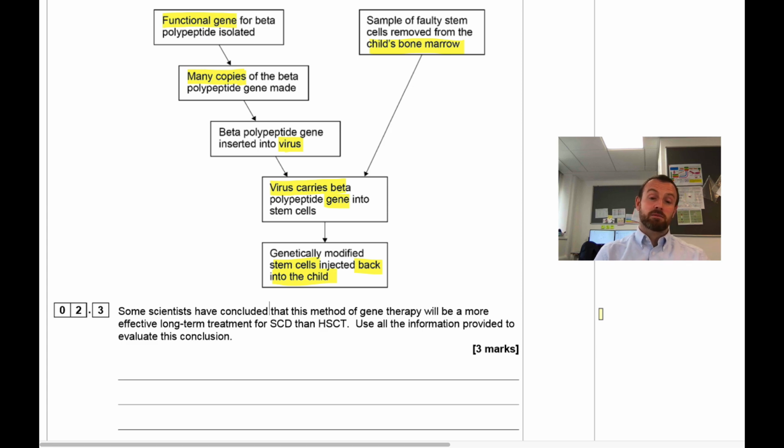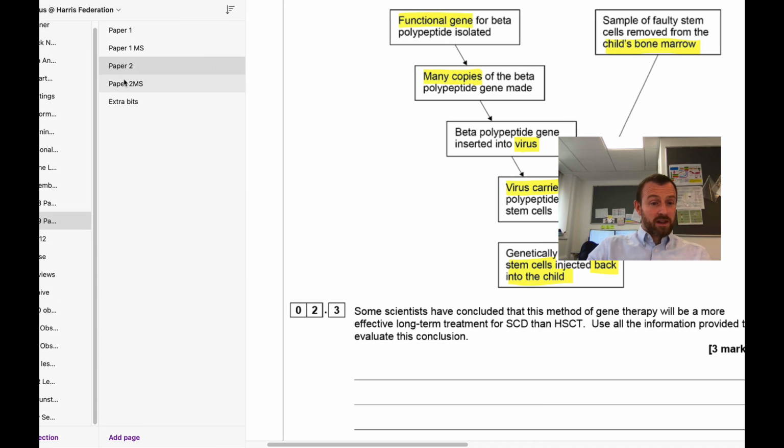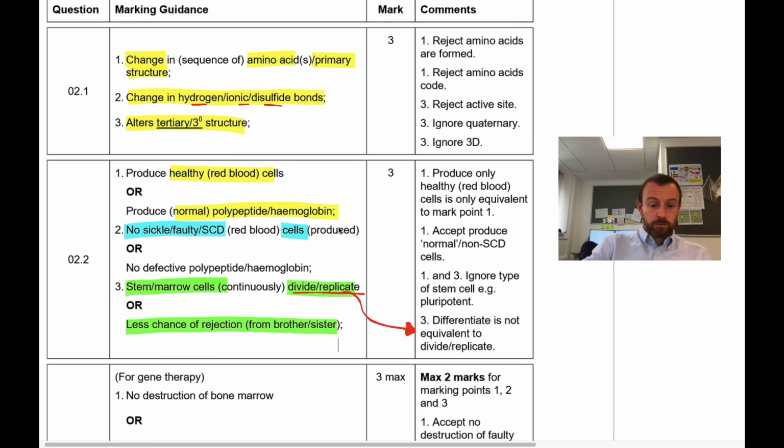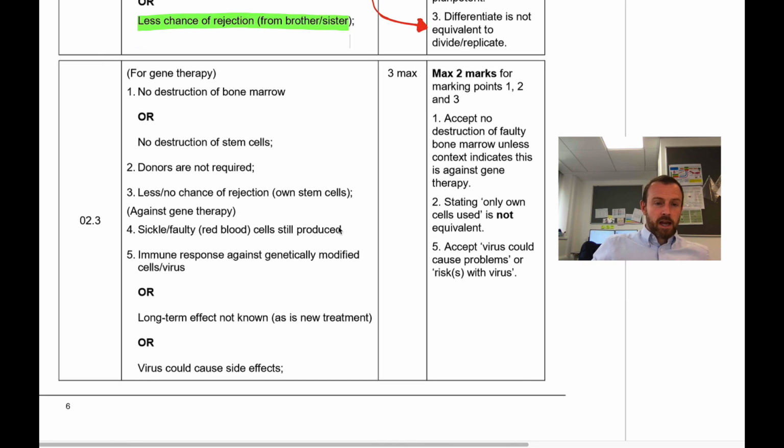So maybe some of the stem cells might still be producing the old type of hemoglobin. That's what I'm guessing. I think that would probably be enough if we explain both sides of the coin. Let's have a look at the mark scheme and see if there was anything else that was possible. Okay, yeah, so that's what we just said. So no destruction of bone marrow or no destruction of stem cells. Oh, that's a 4. That's a 4 thing. I would almost have thought that would be an against thing.